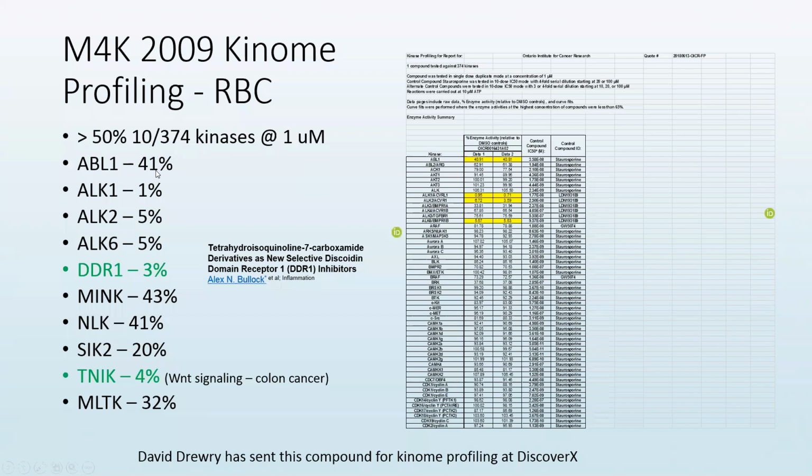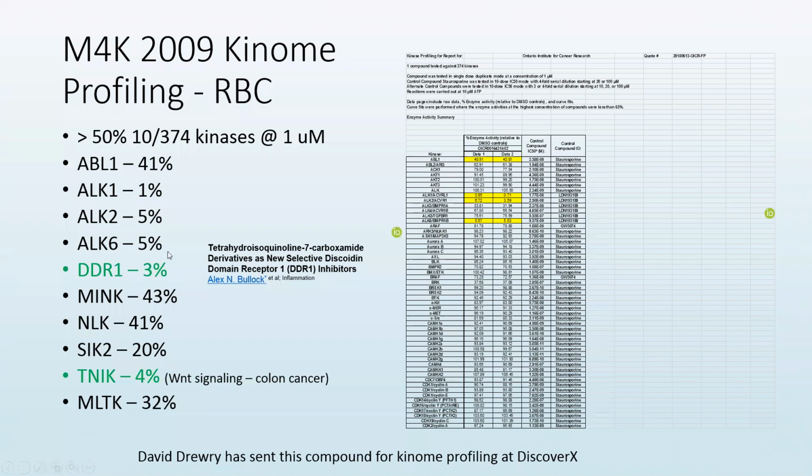ABL was 1. This is one that we also saw with the original compound 1055 as well. DDR1, this is one that we hit actually pretty strong. Now you can tell that we hit ALK 1, 2, and 6, which is not unexpected. We already knew that, so it's good that they came out in this, but none of these are anything really to be that concerned about.